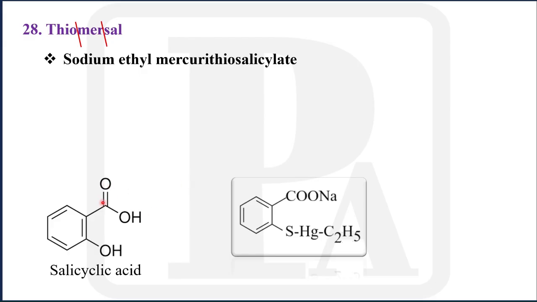Here we have the acid, which is replaced by the sodium salt of the acid, that's why sodium. And the OH, that O is replaced by sulfur, that's why thiosalicylate. And H is replaced by ethyl mercury, that's why ethyl mercury thiosalicylate.